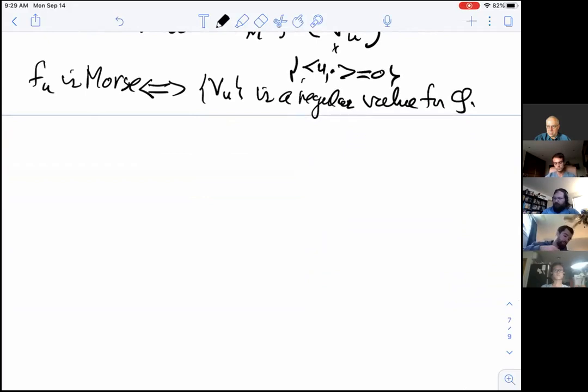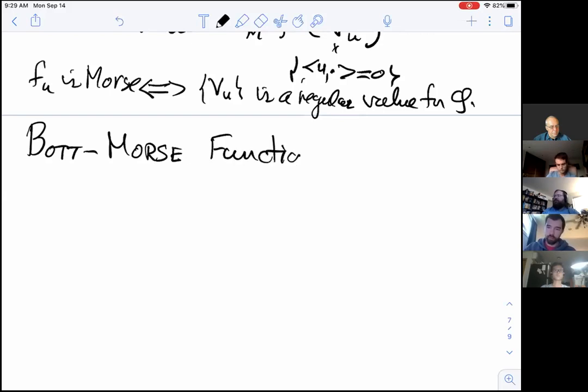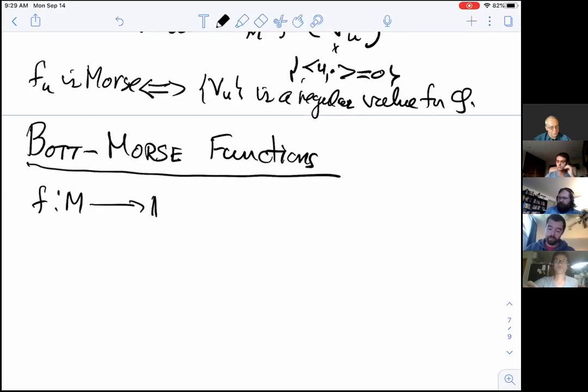It's a very simple regularity theorem. And the last general comments I want to make about Morse functions are to introduce a generalization, functions that are not Morse, but for which you can do much of Morse theory. And these are called Bott Morse functions. So I emphasize they're not Morse functions, they're weaker. But here's their definition. So we'll work with a closed manifold, a C infinity function.